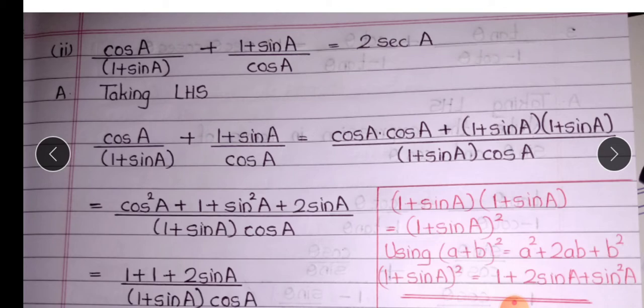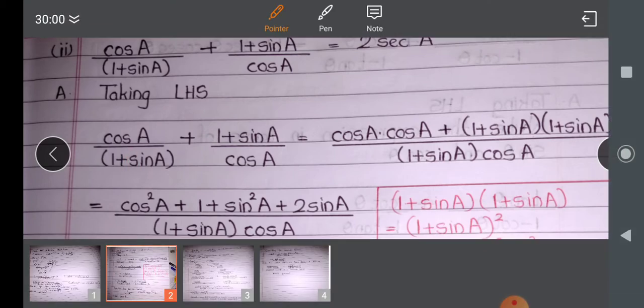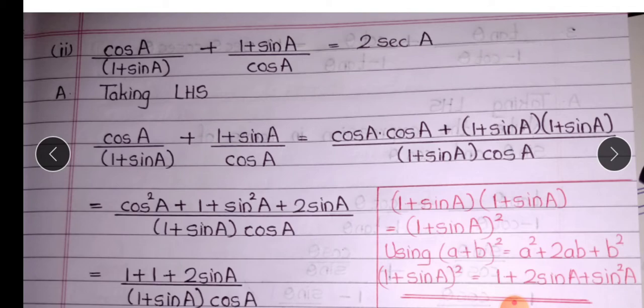Cos A by (1 plus sin A) plus (1 plus sin A) by cos A. If you want to add fractions, the denominators should be same. Here the denominator is 1 plus sin A and here the denominator is cos A.